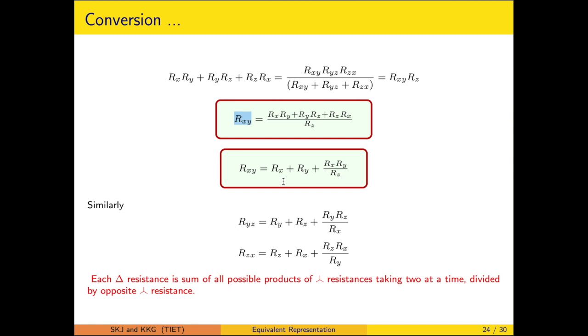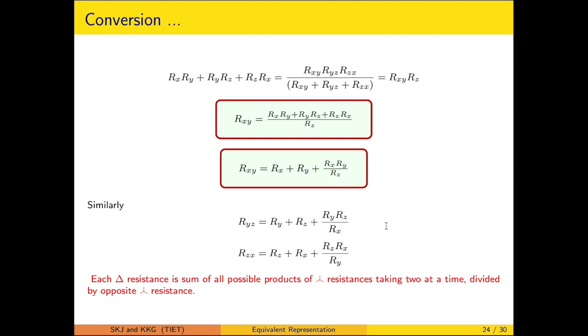This you can recollect easily. Rxy is the delta resistance between the two terminals X and Y. That is equal to the sum of the two star resistances touching these two terminals, plus their product divided by the third or opposite resistance.